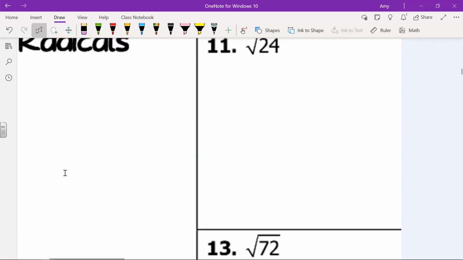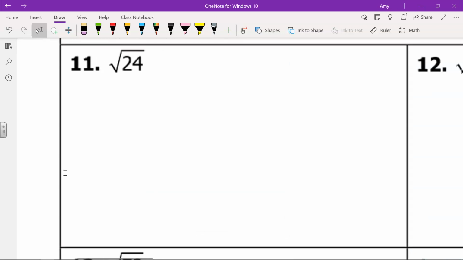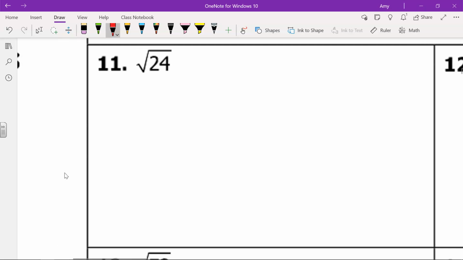So let's talk about simplifying. The issue with the square root of 24 is we could approximate it as a decimal, but we want exact values. So that means no decimal. We want to leave it as an expression. Now, the square root of 24 has factors. Remember, factors are any two numbers that multiply to give us our value.